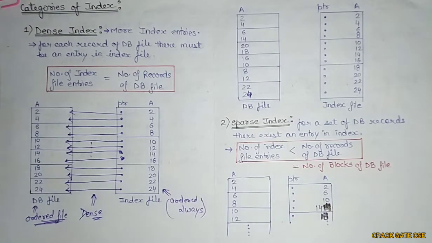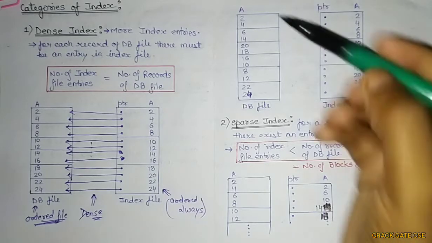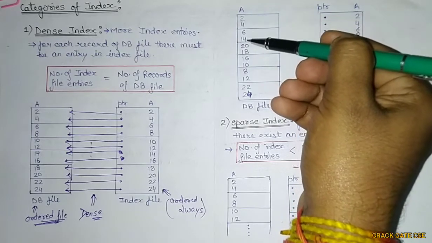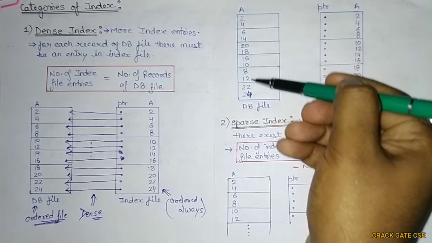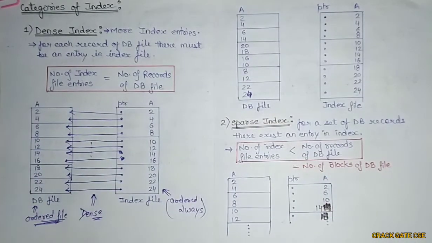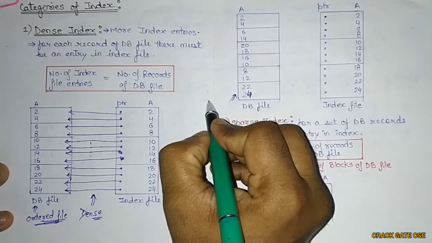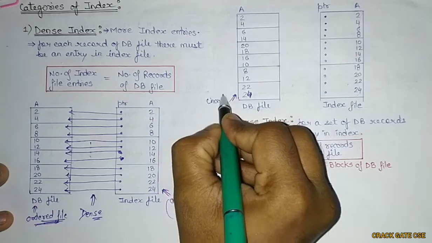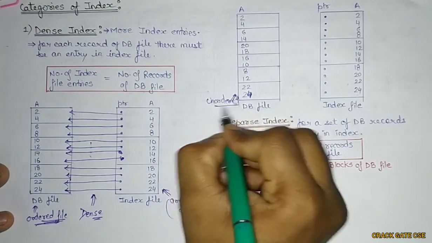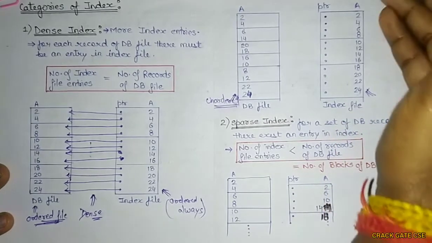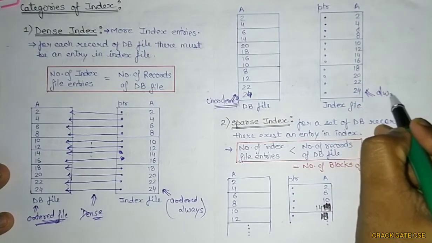What if the database is having an unordered file? Here you can see that this is unordered because we are having 2, 4, 6, 14, 18, later we are having 8 and so on. That means this is not sorted in any order. So this is an unordered database file, whereas you can see that in the index file, the keys are always ordered.